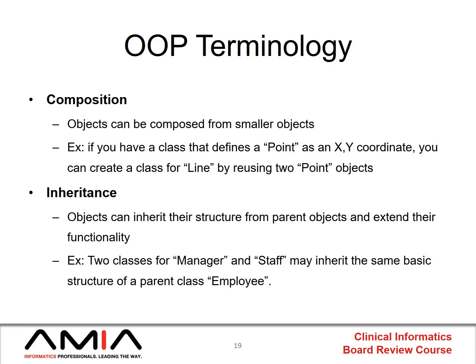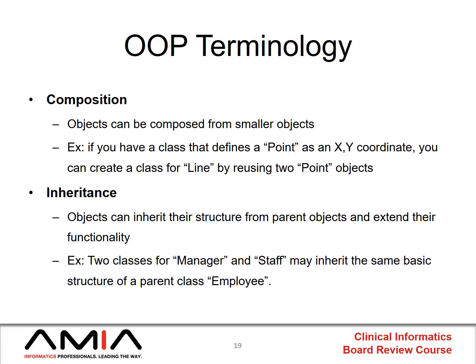So for example, imagine that I'm creating a system that's supposed to draw a line on the screen, but elsewhere in the system, or previously in the system, I've defined a way to represent an XY coordinate, a single point. Once I've defined that point object, or the class of XY coordinate points, I can simply use those to create a class for a line, and I don't have to redefine it when I create the line class. I can simply compose it from the base classes.